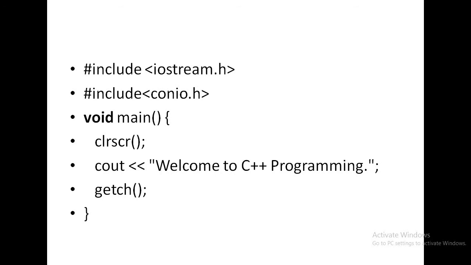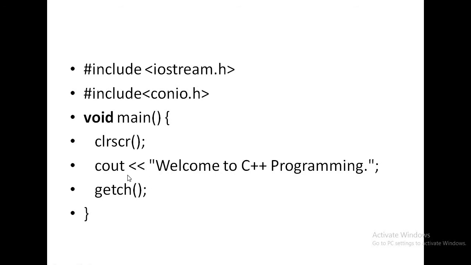Similarly, in C++ programming, whenever I take some value from the keyboard, I need the help of the cin object, and whenever I want to print something on the screen, I need the help of the cout statement.